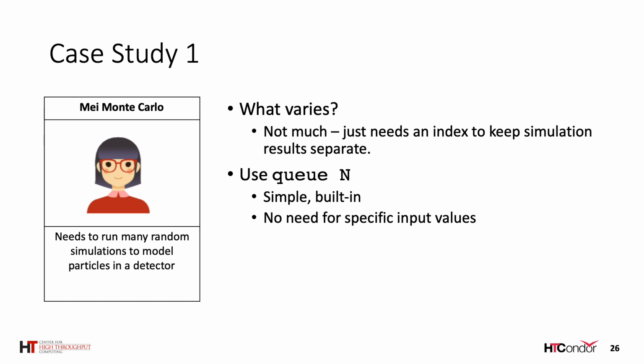There's randomization built into her code, so she really just needs to run a lot of basically the same simulation and get all the results and combine them. For her, using Q N is probably a good solution. It's simple, built in, no need for specific input values. She can use the procID to label all her outputs to make sure they have unique names, and that will be it. So that should work well for her use case.